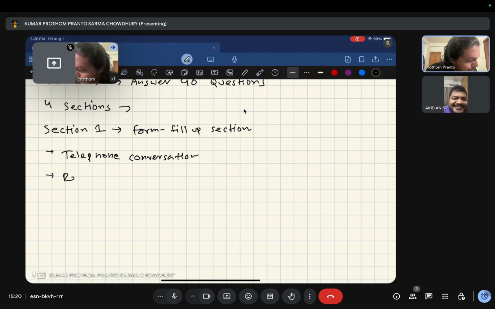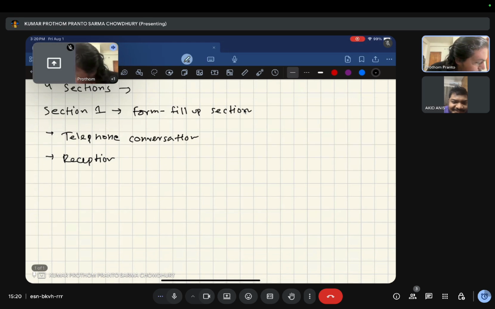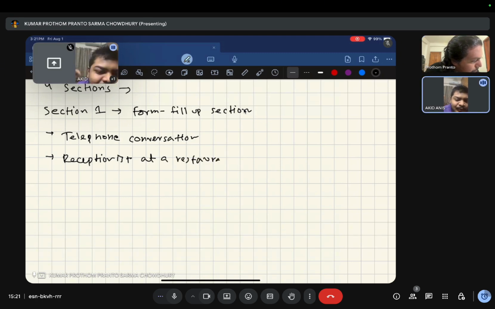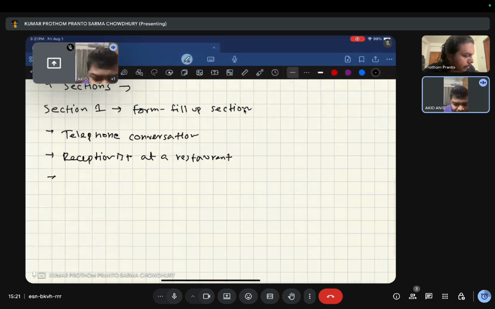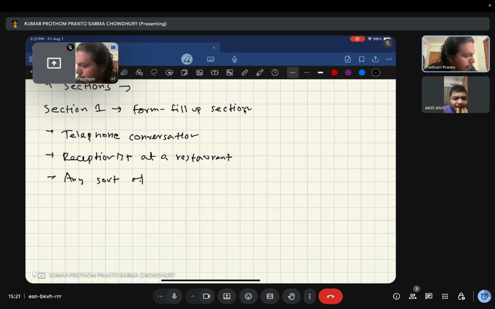It can be a receptionist at a restaurant, or a hotel form, maybe you want to book a hotel. It can be any type of hotel form. Maybe you are going on a hike, and you went to an adventure club or something, and they hand you a form. Any sort of form.